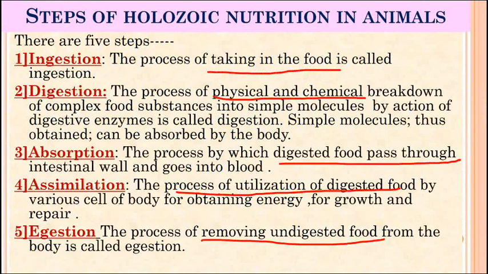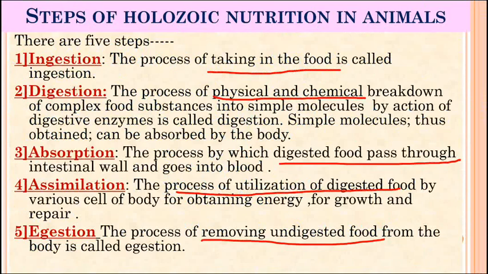Enzymes are biocatalysts which enhance the rate of biochemical reactions occurring inside the body of an organism. The physical and chemical breakdown of complex food substances into simpler substances is called digestion, and then these simpler substances are absorbed by the body.